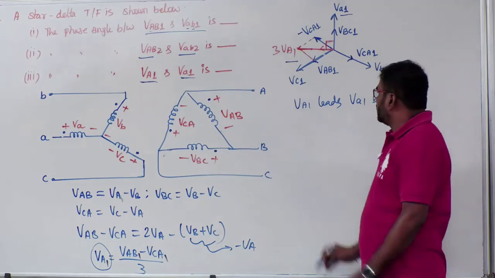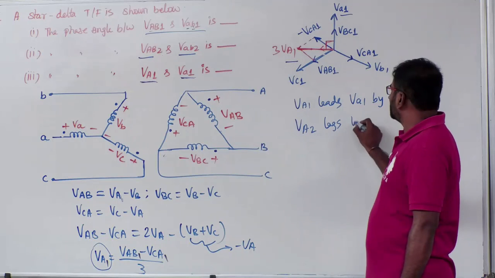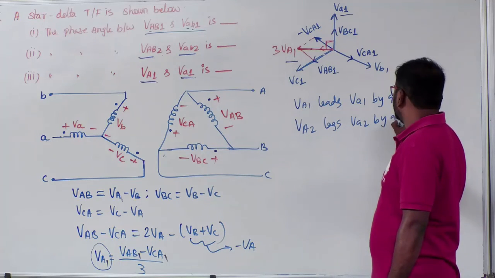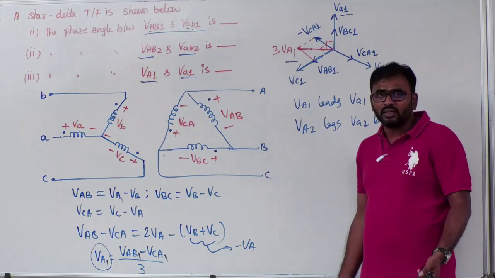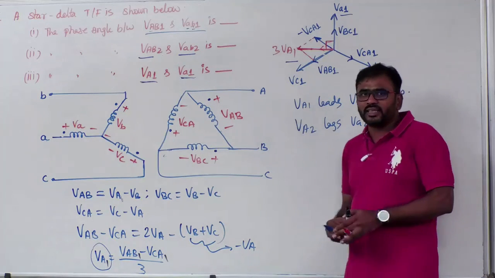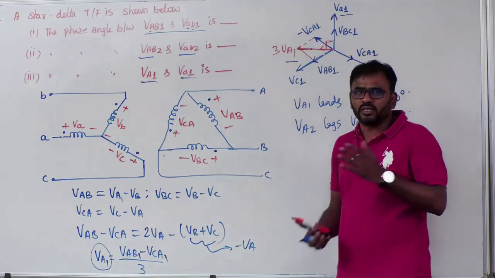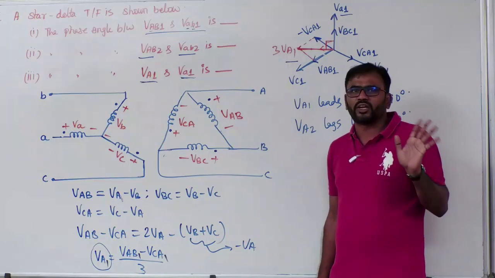Clear? And similarly, what about capital VA2? Capital VA2 lags small VA2 by 90 degrees. Simple common sense, sir. I don't need to solve for that. I can apply the common sense. What is the common sense here? If the relation is that positive sequence leading, means negative sequence must be lagging. That's it. The blind way you can remember.